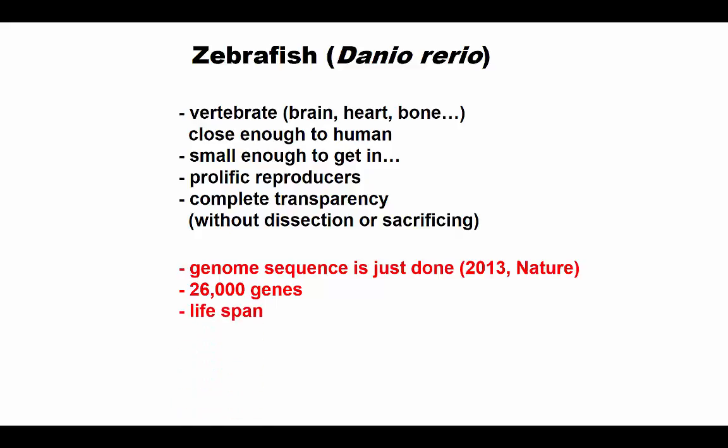For lifespan, the early embryo development is only within several days. It forms quite important organs very quickly. So it's very easy to study the functions of genes at those early stages. But the lifespan of this fish itself is quite long. It's about 2 years. That's almost similar to mouse, another very popular animal model in the lab.